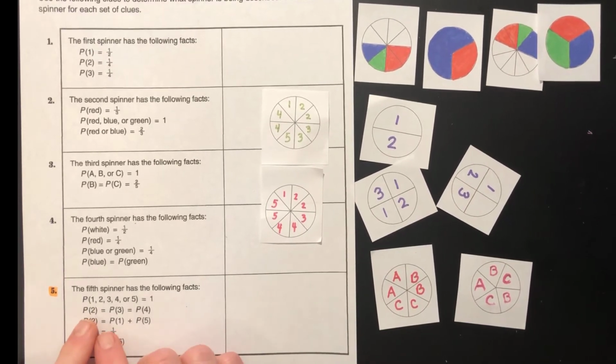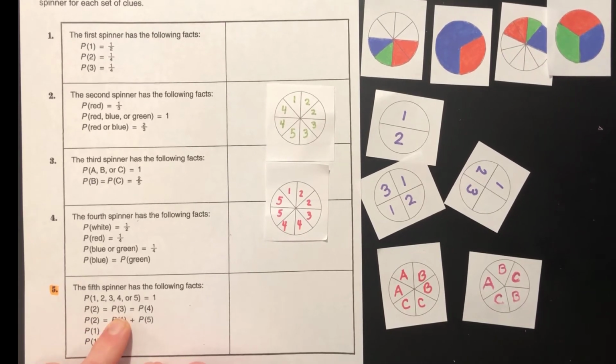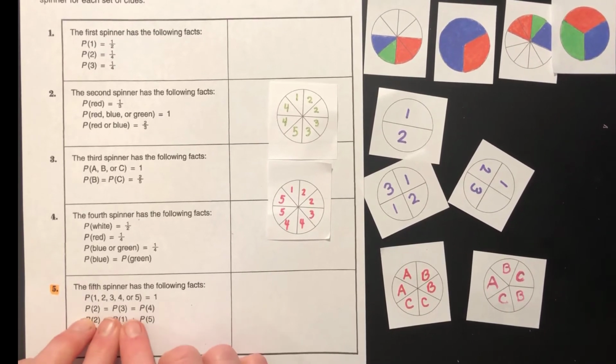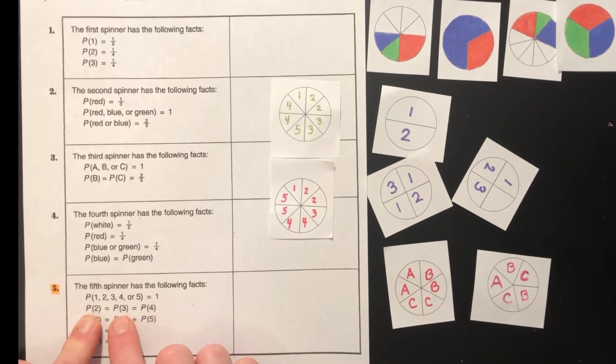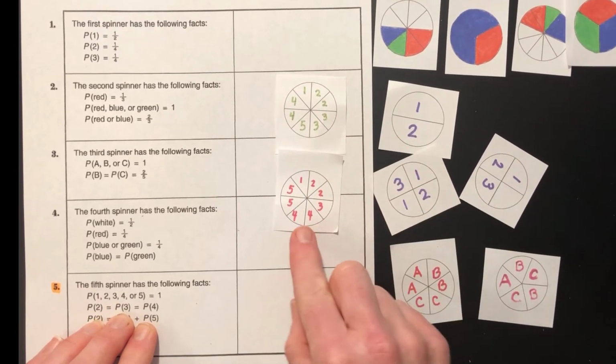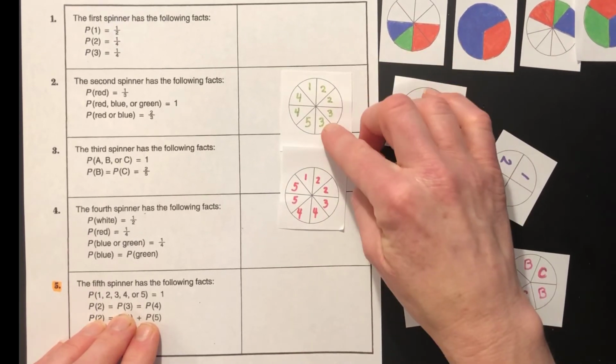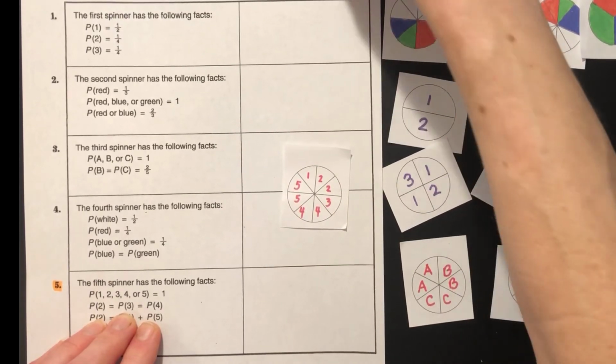The probability of landing on 2 is the same as 3 and the same as 4. So however many 2s there are, they're the same number of 3s and the same number of 4s. Okay, I think it's this one.